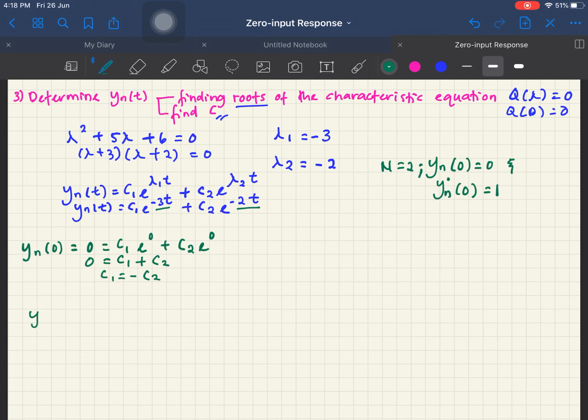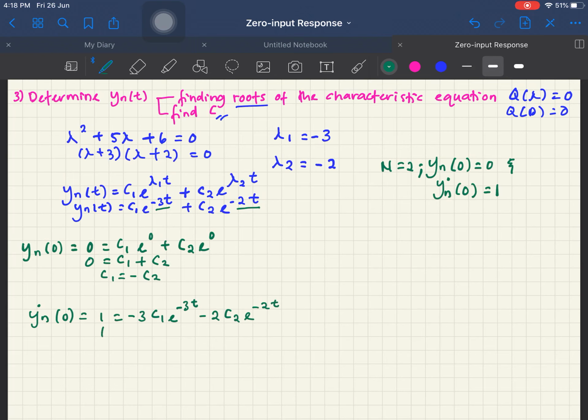Now yn dot of 0 equals 1. Differentiating, we get minus 3 c1 e to the minus 3t minus 2 c2 e to the minus 2t.